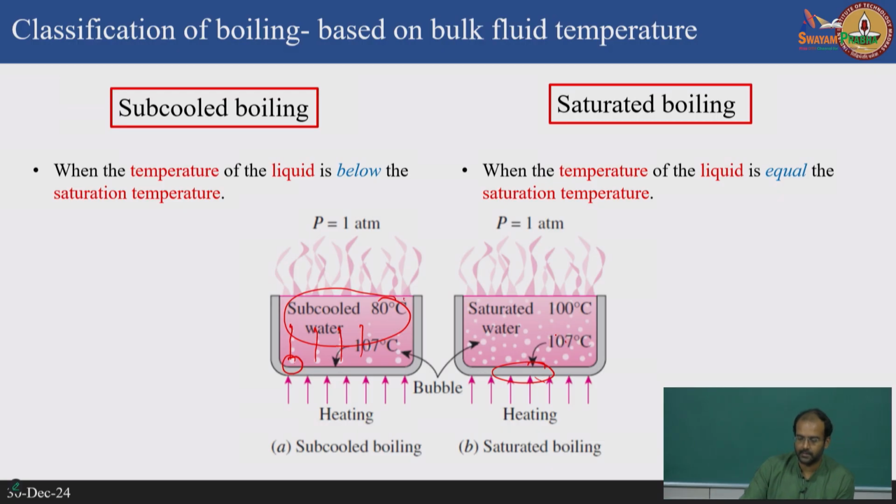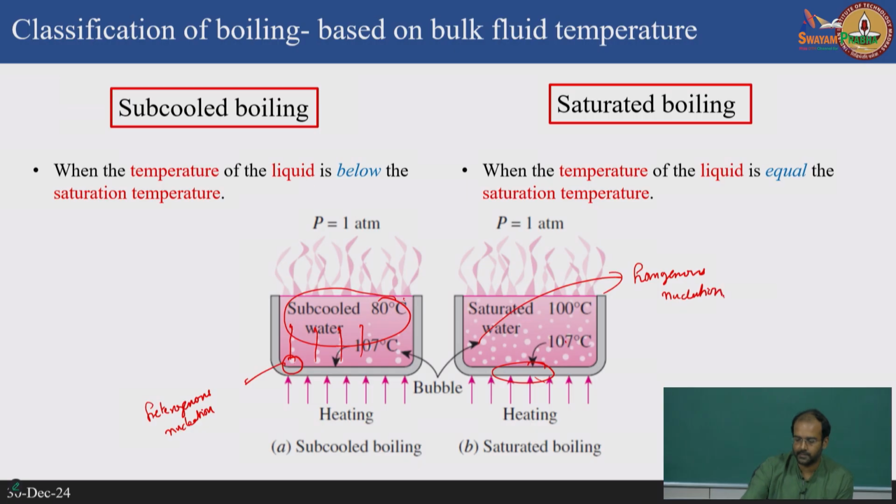Whereas in the case of saturated boiling, you will see there are two types of nucleation. One is called heterogeneous nucleation, right. So why do we call this heterogeneous? Because this is happening at the interface of a solid and the liquid. Whereas here, because locally the temperature is above the saturation temperature, you can also have pockets of vapor that can happen due to evaporation, which is called homogeneous nucleation.